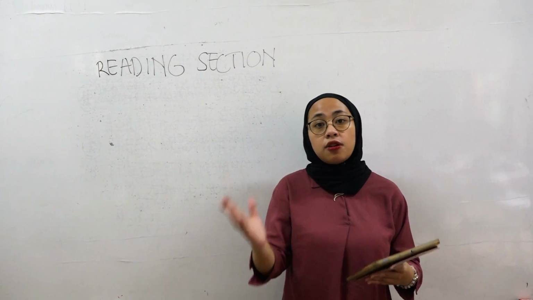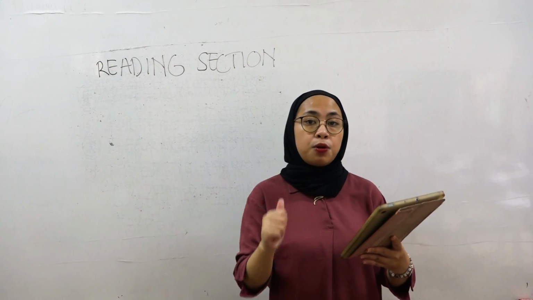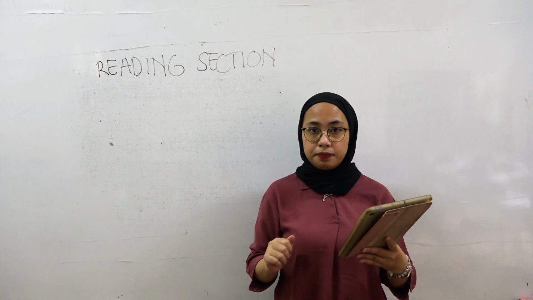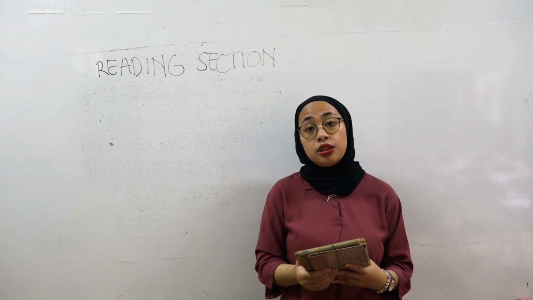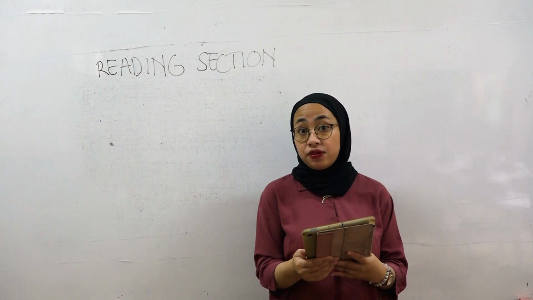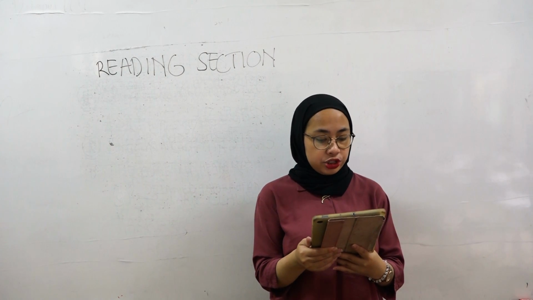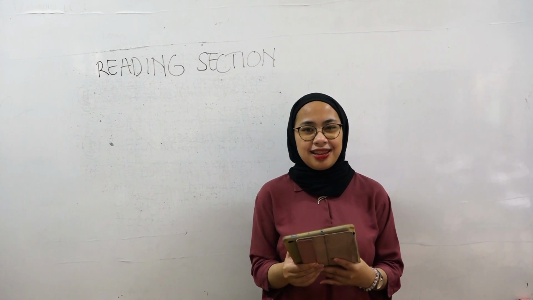There are a lot of types of questions. Number one is basically they ask about the main point that the author makes in the passage. The second one, you can find questions related to what's stated in the passage. The third one is inferences or prediction. And the fourth one is looking for the closest meaning.